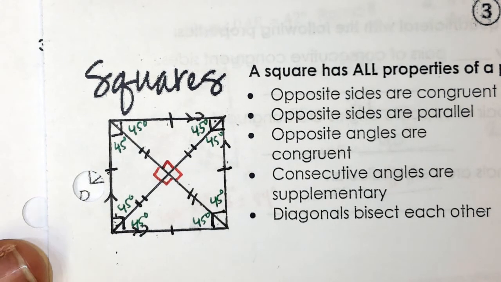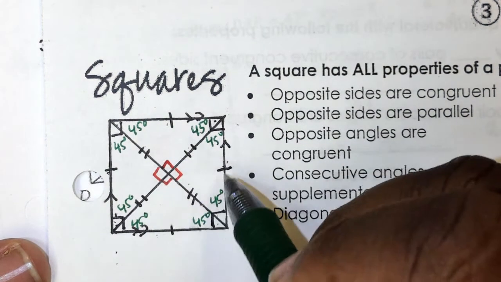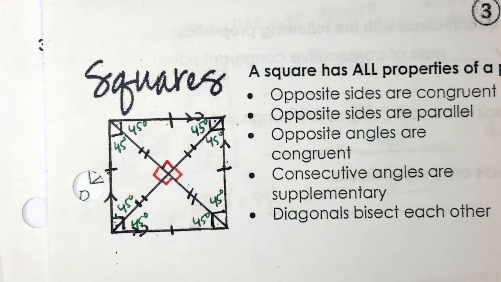My next question is, if that's the case, look at all these small triangles in here. What kind of triangles are all these triangles? Identify them by their sides, I'm sorry. What kind of triangles do I have, by their sides? Let's be smart about this.